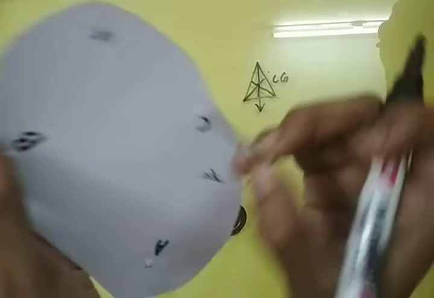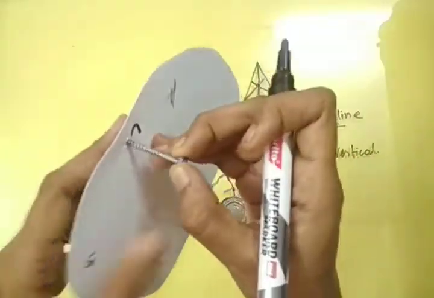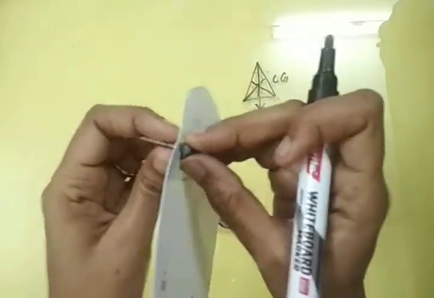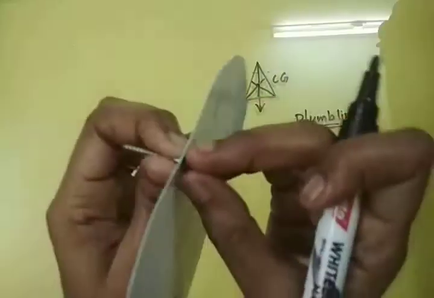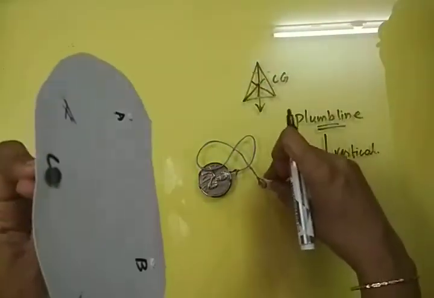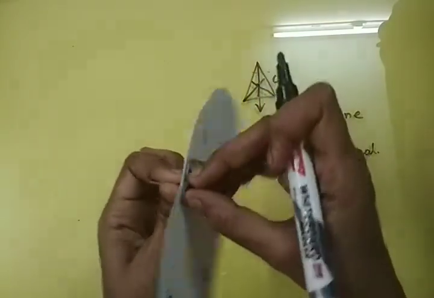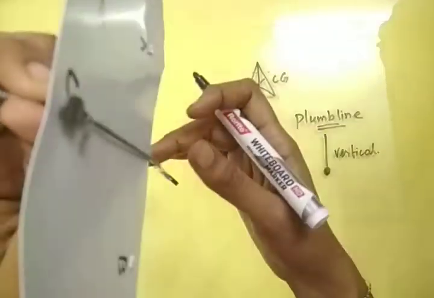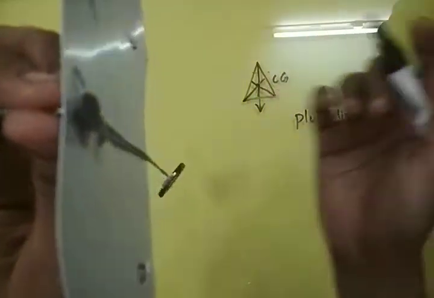Same way, repeat it through the other point C. Ensure that the card rotates freely about hole C. And I am hanging the plumb line again on the point C. And then I am going to mark the position of the plumb line on the card by freely suspending it.